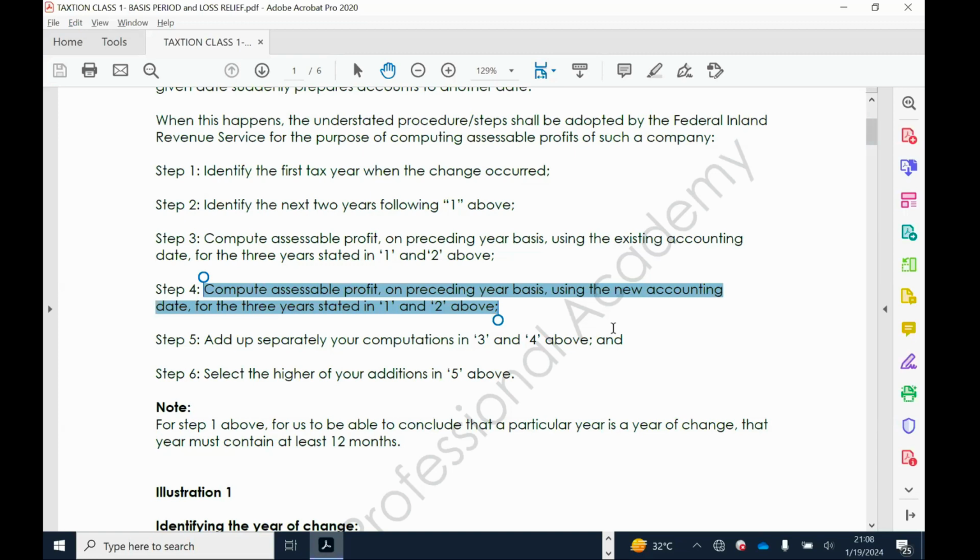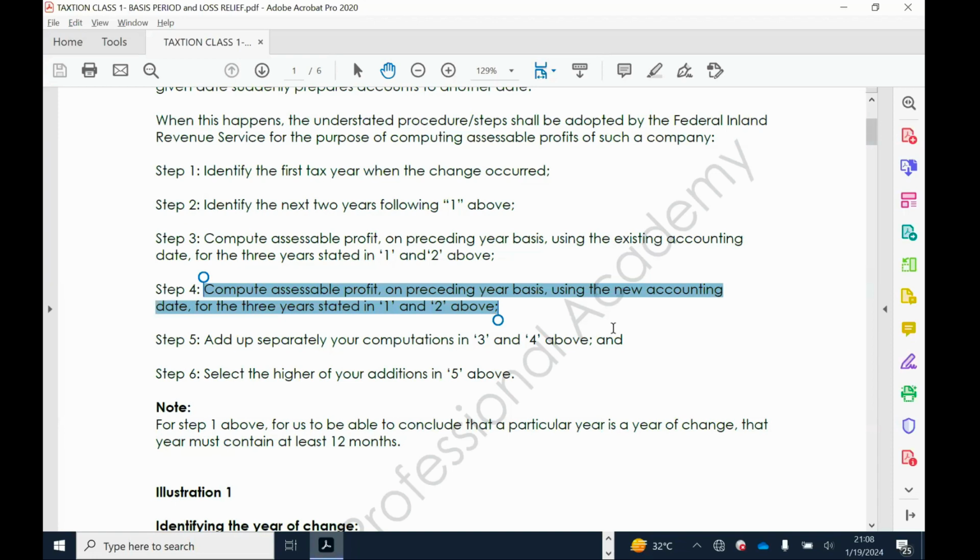The fourth step, I said compute the assessable profit on preceding year basis using the new accounting date. The fifth step, I said add up the assessable profit for these 3 years separately, right? And compare. The last step now says that you should now select the higher of the two.